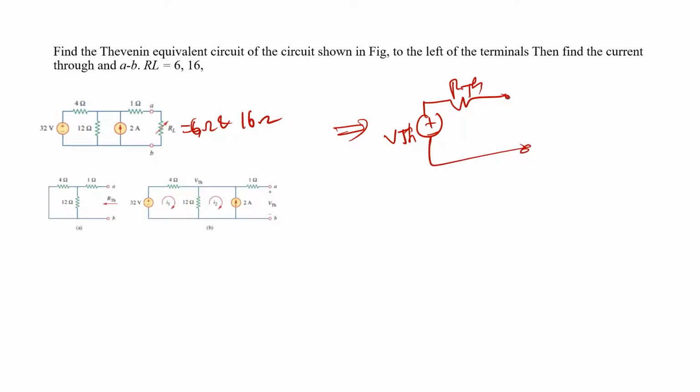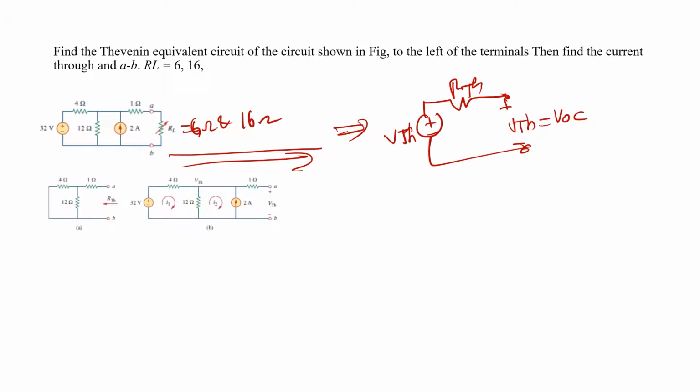First you have to convert it. It is very simple, any complex circuit you take, you just convert into one series resistance and one voltage source, with the series resistance. So this one is actually VTH, the Thevenin circuit, which is equal to VOC, the open circuit voltage.